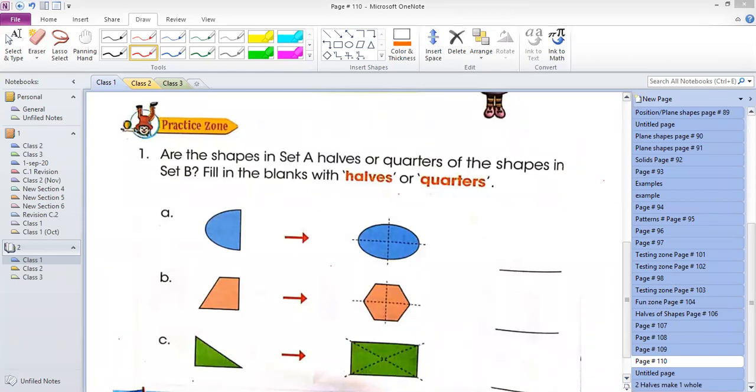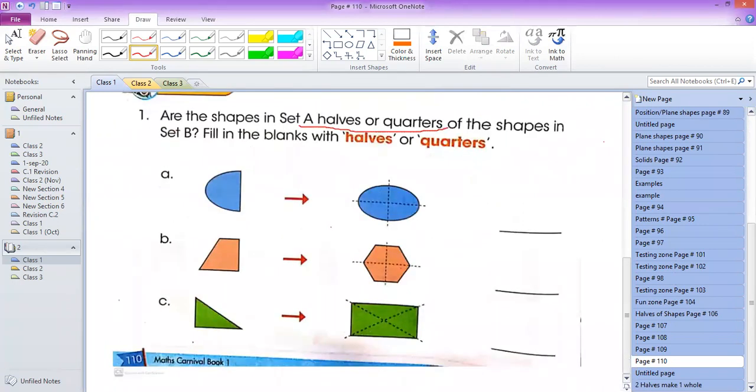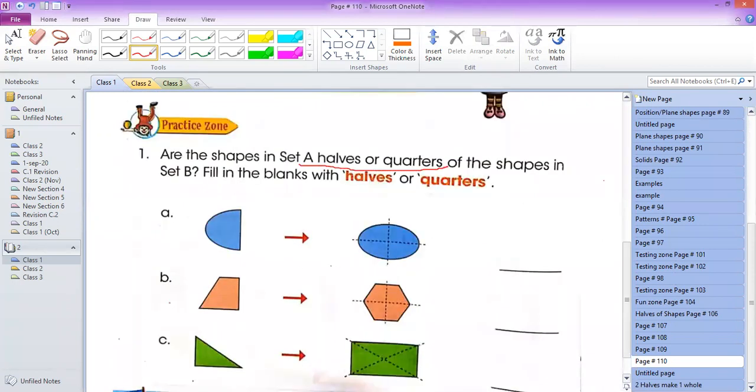That's very good. Now, what you have to do, guys, the question is saying, are the shapes in set A halves or quarters of the shapes in set B? Fill in the blanks with halves or quarters. So you can see that there are two pictures, two shapes. You have to identify whether this shape is a half of that shape or a quarter of that shape.